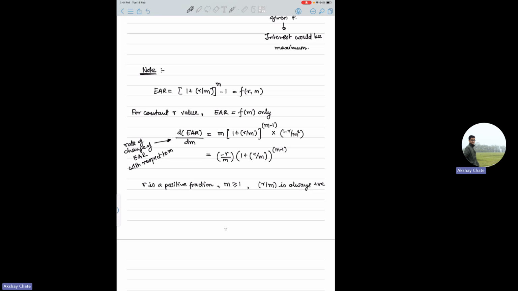If you take M equal to 1, then in that case also R by M is positive.